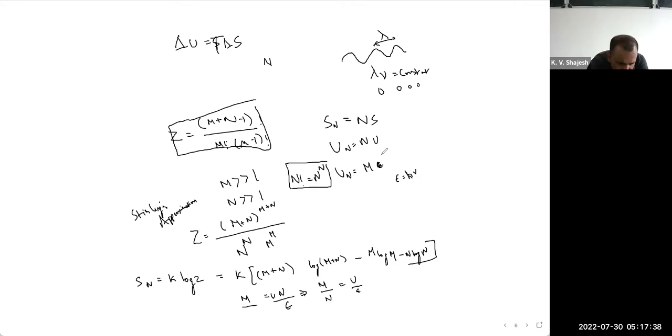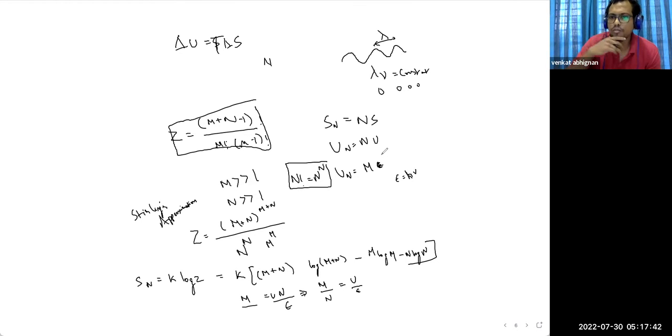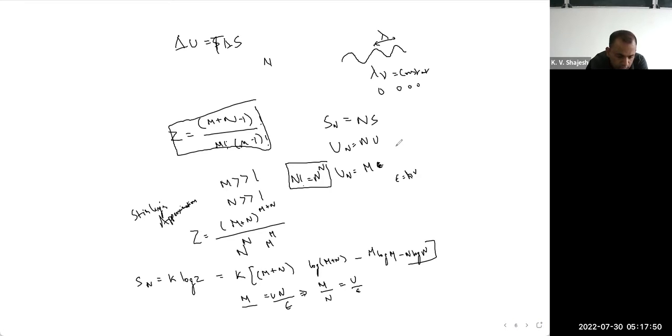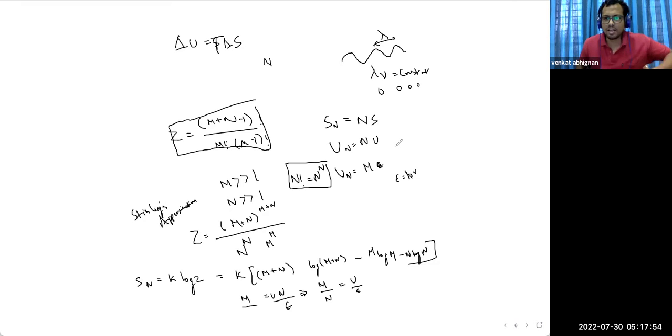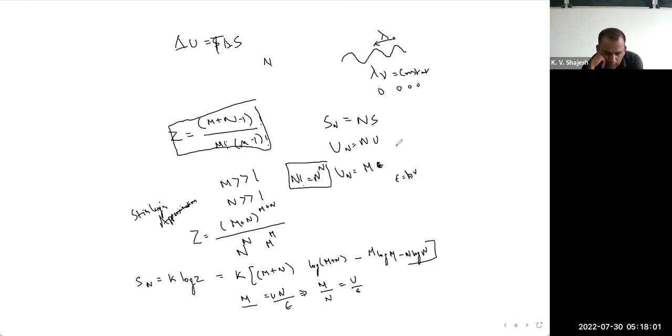M is the different energy levels that we have for the oscillators which are possible, and n is the number of oscillators. I see. And U is the energy per oscillator. Yeah, I see.